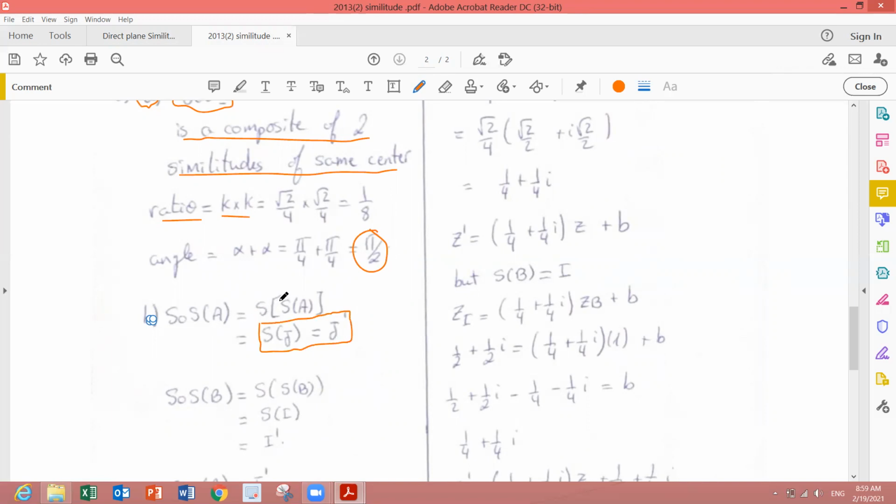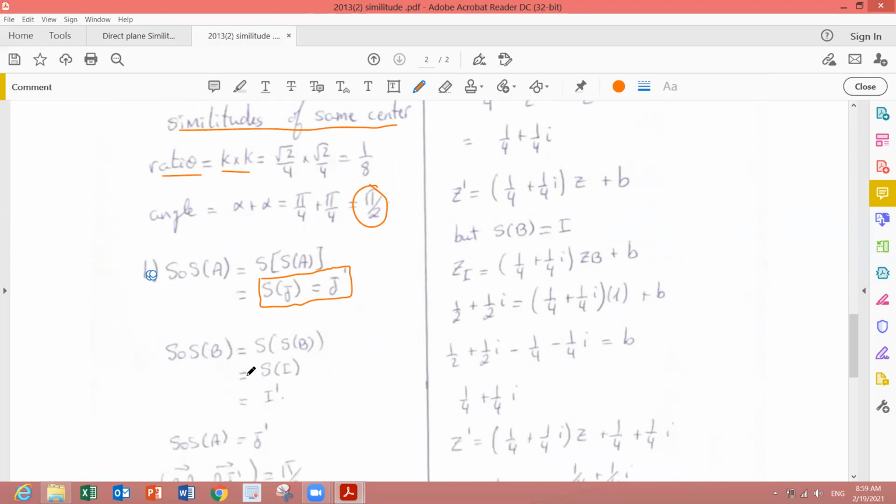So S round S of A equals S of S of A. S of A is J, S of J is determined J prime. S round S of B equals S of S of B. S of B equals I and S of I equals I prime.